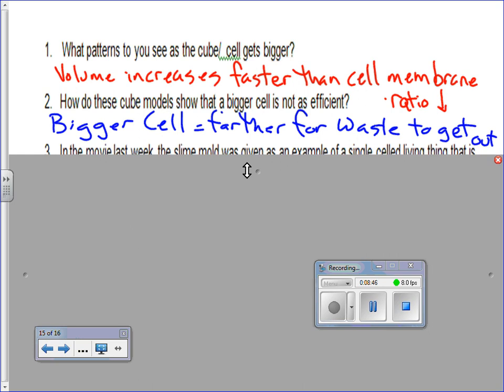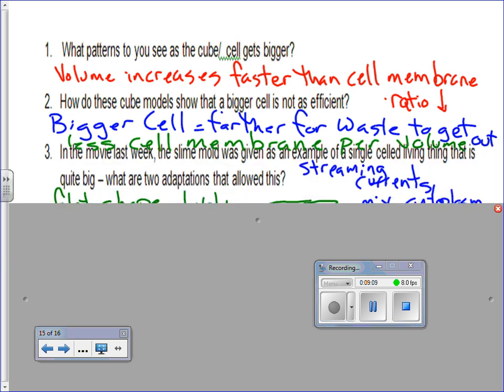Or also, it's farther for the waste to get out and the supplies to get in. So less cell membrane per volume, per cytoplasm. Okay?